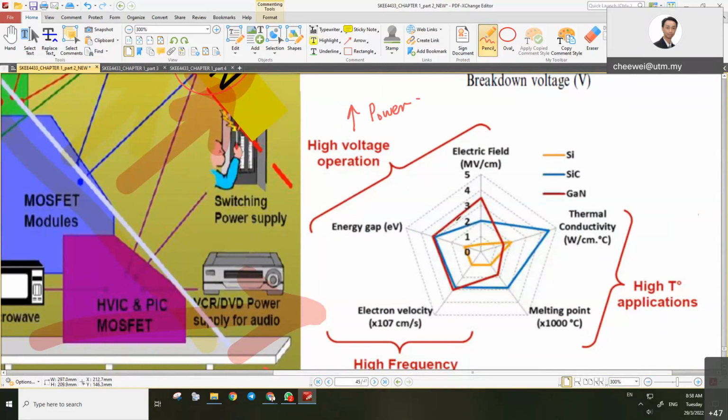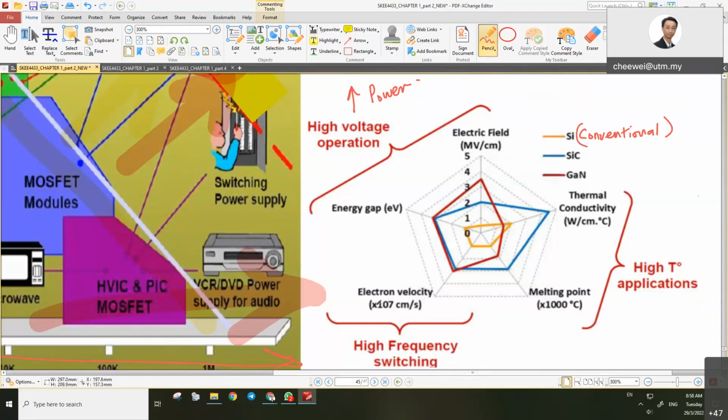The maroon line is able to work in higher. Blue also, compared to the orange line, silicon, the conventional or existing power semiconductor, the range is smaller compared to the new wide bandgap. Energy gap. And then what about the frequency? Higher switching frequency, yeah.